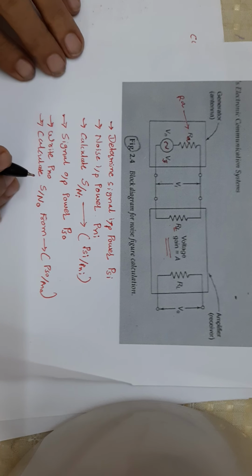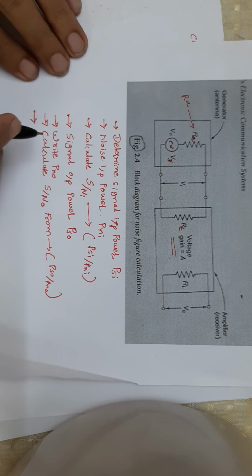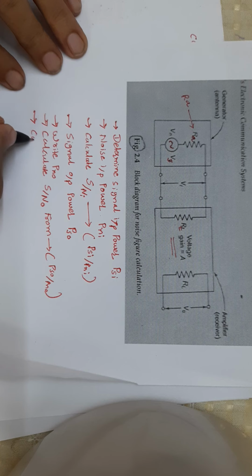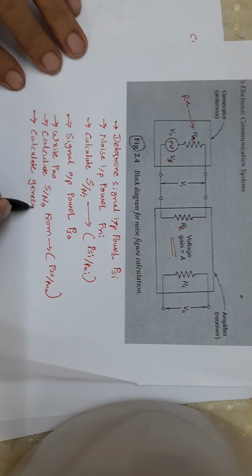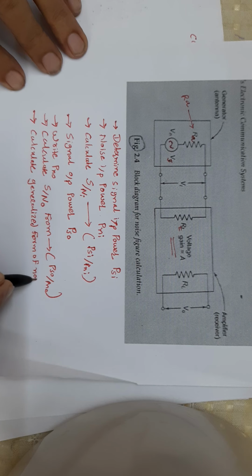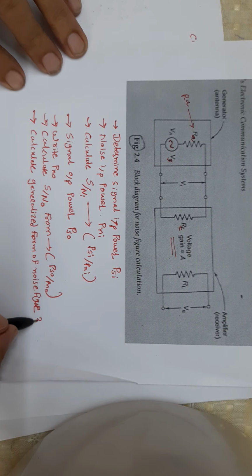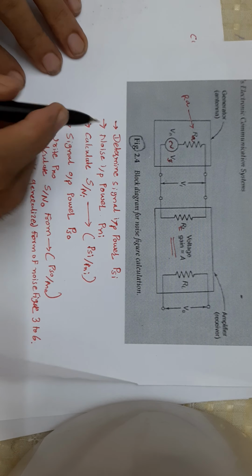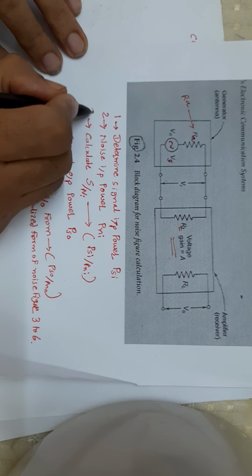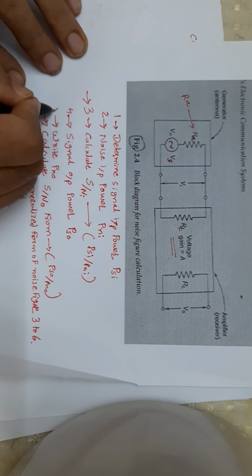Next step is to calculate the generalized form of noise figure from steps 3 to 6. This is 1, 2, this is your 3, 4, 5 and 6.